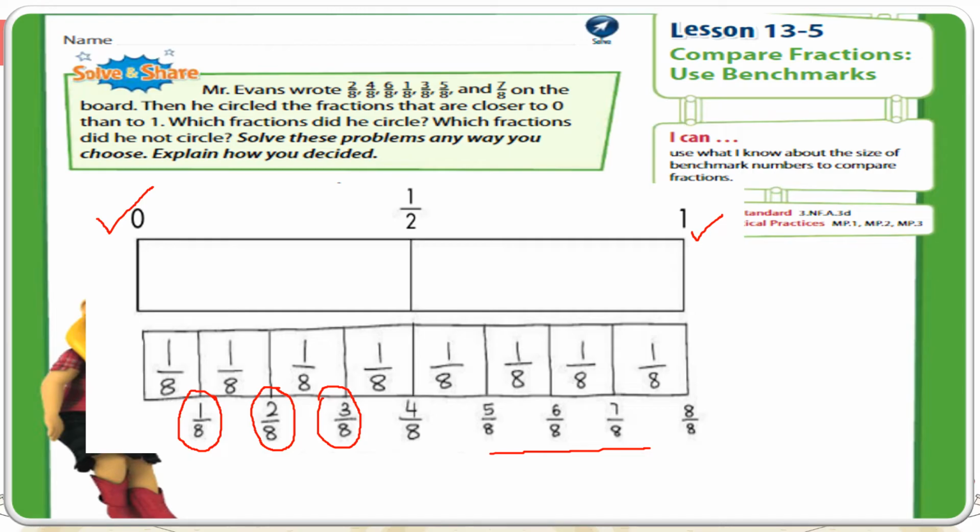So for further problems on the next page, just keep one thing in mind: the fractions with smaller numerator will be closer to 0, and as the numerator gets bigger, the fraction will be closer to 1. Very good.